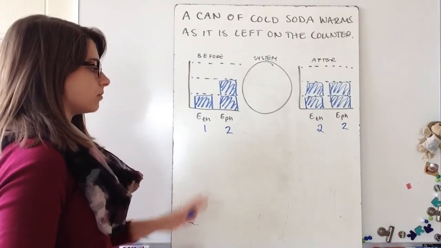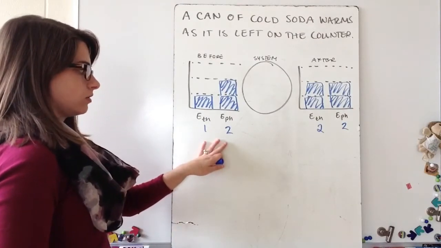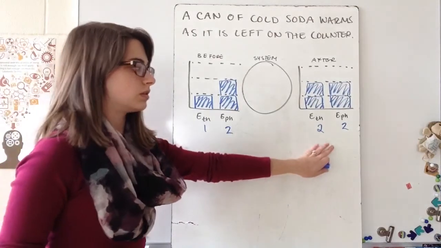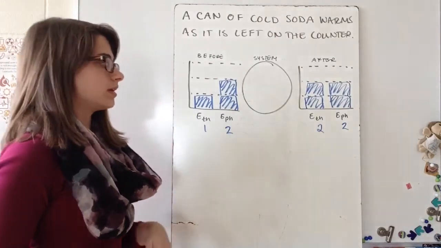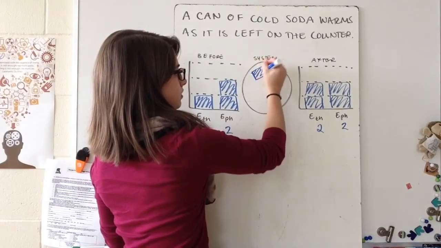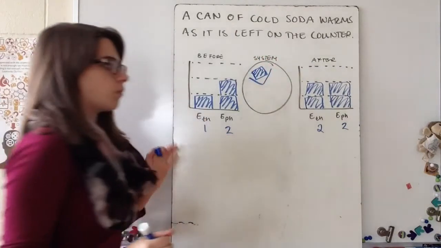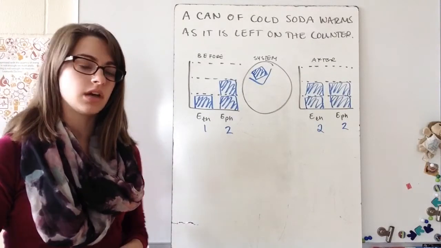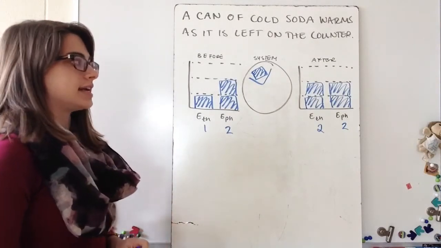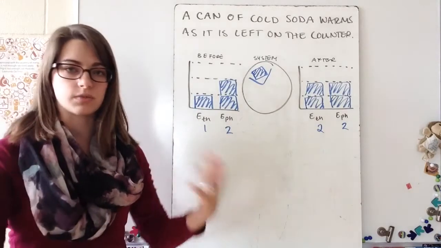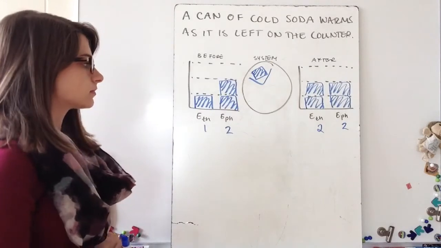So we went from 3 bars of energy total, 2 phase, 1 thermal, to 4 bars of energy total, 2 phase, 2 thermal. That means we had to have gained 1 bar of, in this case, thermal energy. So in this scenario, energy entered our system. It got added to the system from the surroundings, from somewhere else.